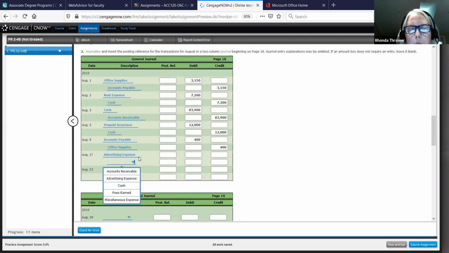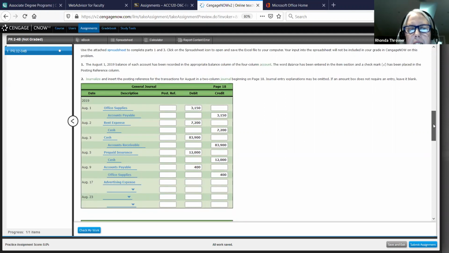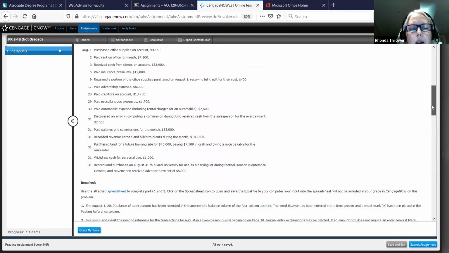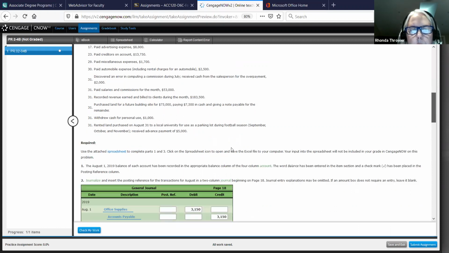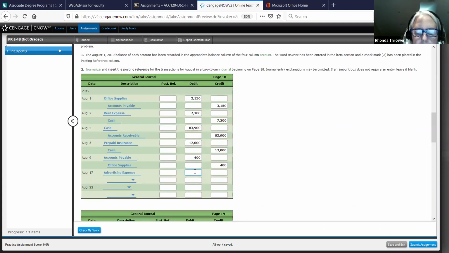So advertising expense, which is an expense account, is increasing in this case by the amount of advertising that we purchased. We bought $8,000 of advertising, and advertising is considered to be an expense.